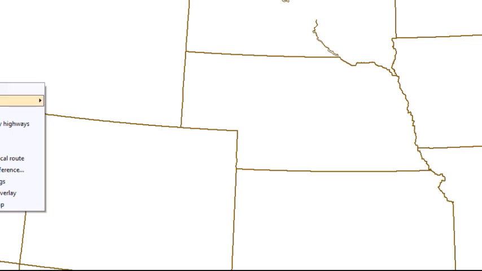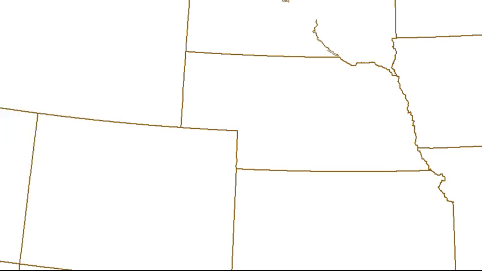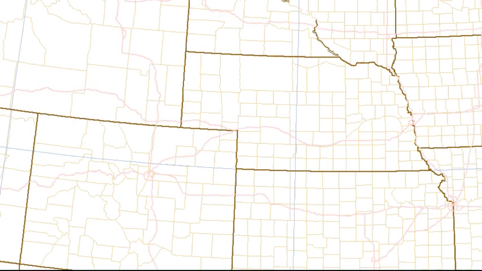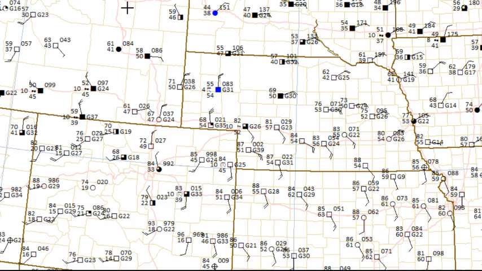So I'm going to go ahead and overlay the counties, and we'll also outline the highways. And I'll try to save some of these maps so we can use them tomorrow. All right, so we're good to go here. There's the data.